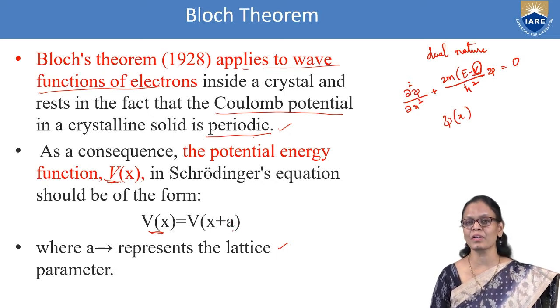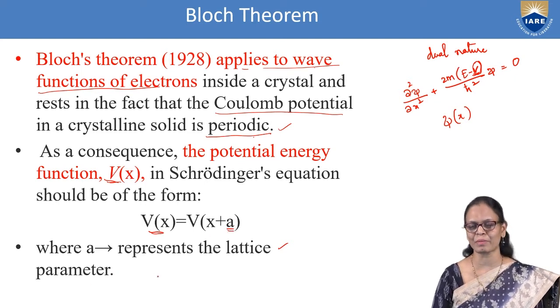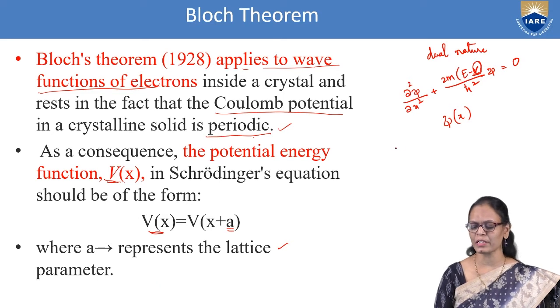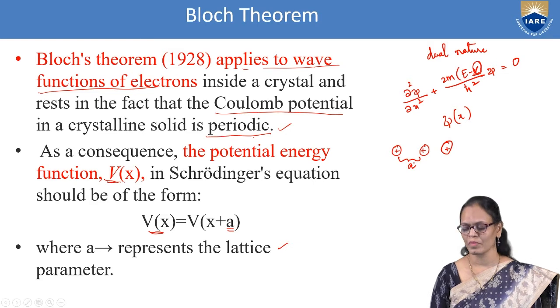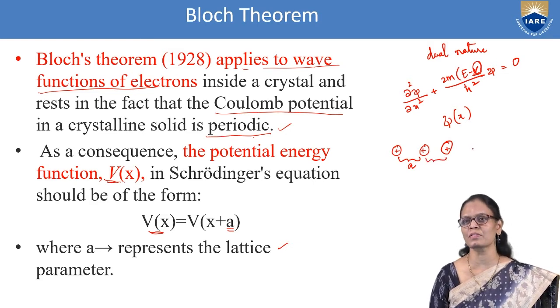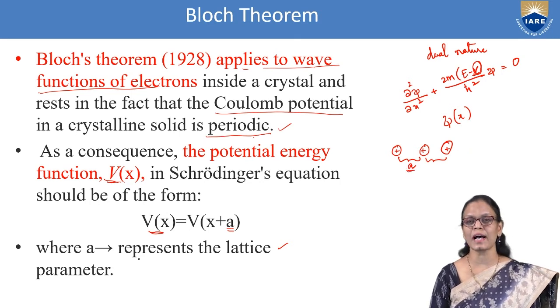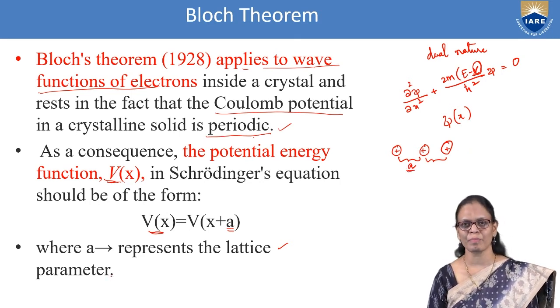So what is the periodicity here? It depends upon A. A represents the lattice parameter. Lattice parameter here is when we are talking about the positive ion sites. If you imagine that these positive ions are separated by a distance A, and I said they are periodic, between any two positive ions you take, the distance is A. So we will call it the lattice parameter.